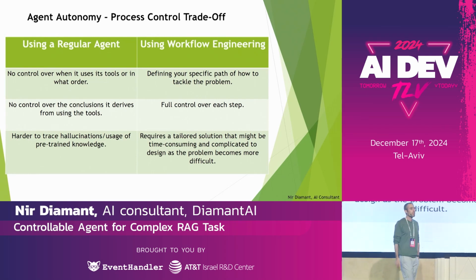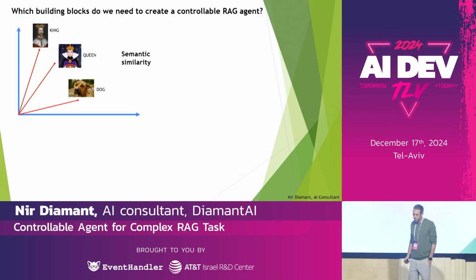When we're constructing our own workflow, we can define our specific path for how to tackle the problem as human beings. We have full control over each step, but the trade-off is that we have to tailor the solution specifically to our problem. It could be difficult, time-consuming, and complicated. We can make mistakes, and so on.